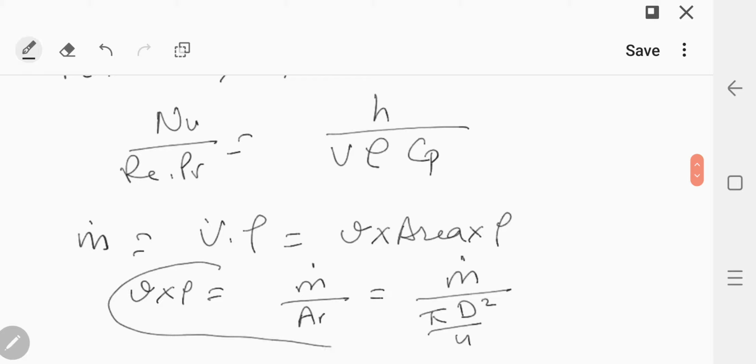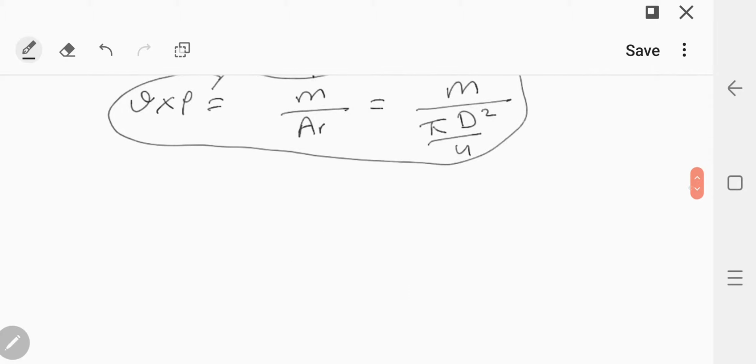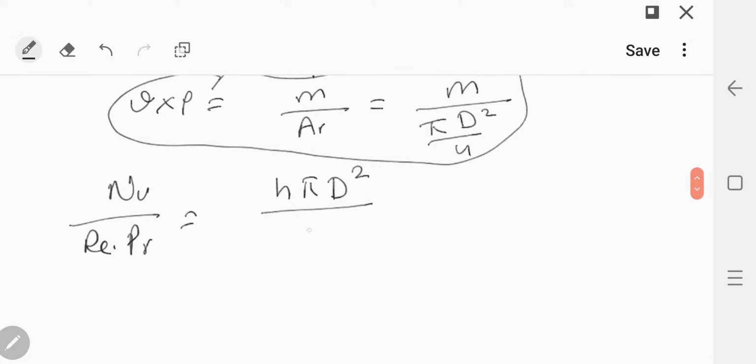So we can replace this expression over here. So this term will be written as h pi d square by 4 mass flow rate into Cp, right? Further, so now Nusselt number by Reynolds number into Prandtl number is h pi d square by 4 mass flow rate Cp.